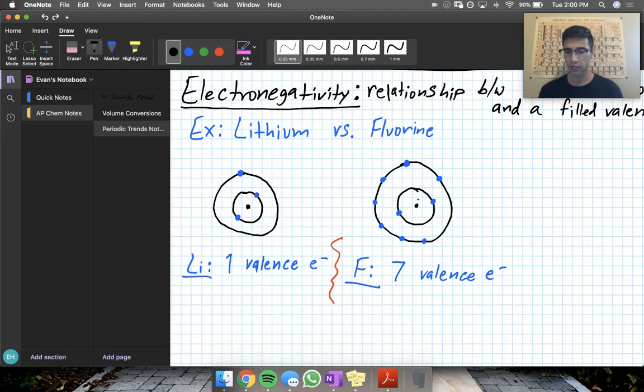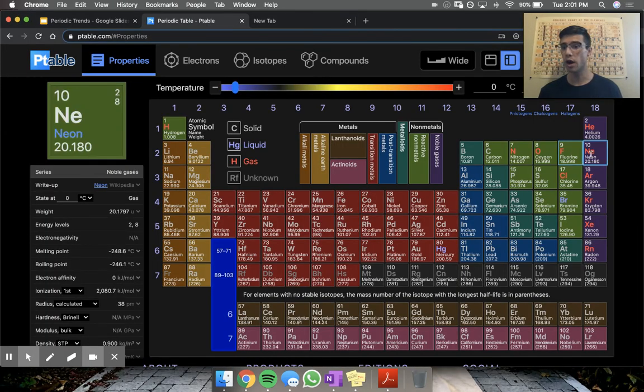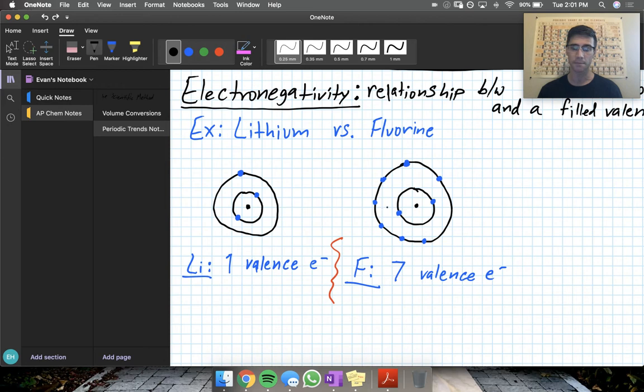So let's look at fluorine here. Fluorine has obviously its first shell full, but its valence shell has 7 electrons. Okay, 7 valence electrons, because fluorine is one element away from being a noble gas. It has one spot to fill in its outermost shell.